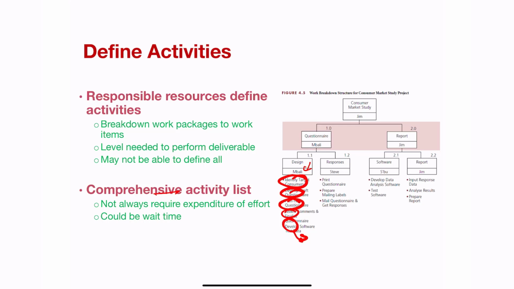For your assignment, I am going to suggest between 45 and 50 of these activities that are then grouped together and ultimately roll up into a list or a hierarchy and create your work breakdown structure.